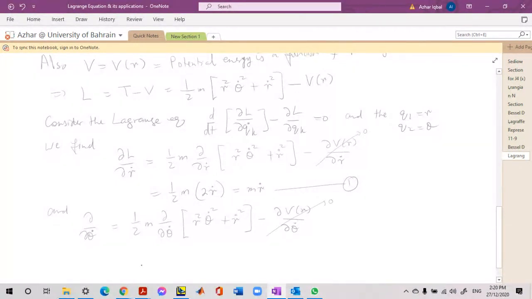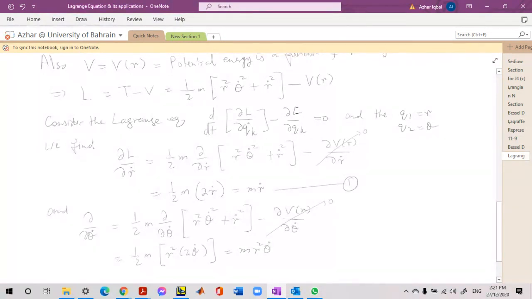Of course, this is 0, and you are left with 1/2 m. If you differentiate with respect to theta dot, this reduces to 2 r square theta dot, which becomes m r square theta dot.